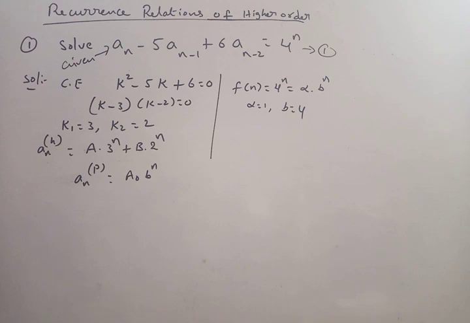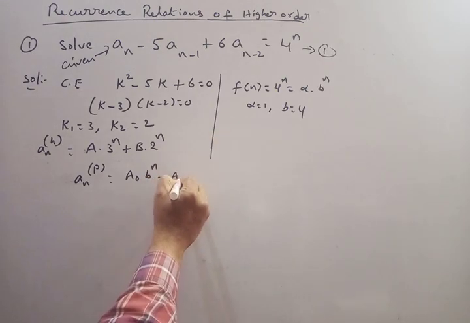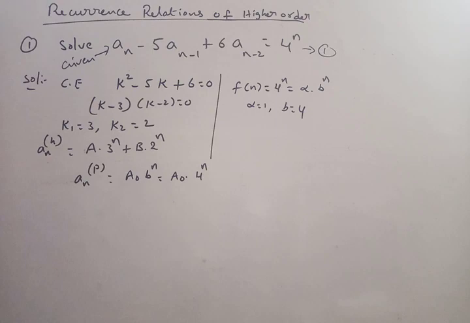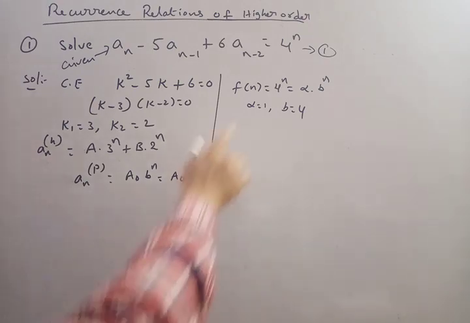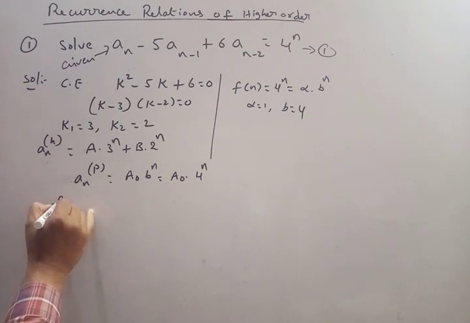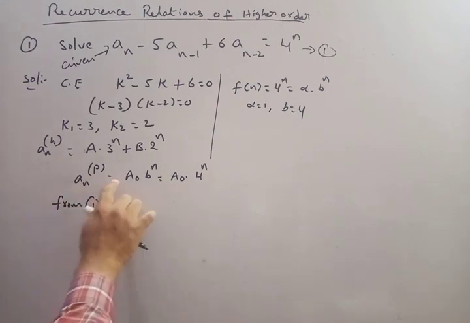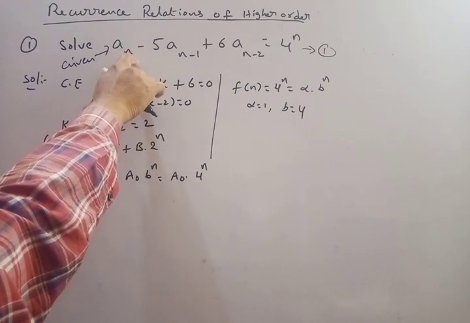So here our b is not a root. Understand? Correct? So a naught into b power n, that is, a naught into 4 power n. This value we have to substitute in equation 1.